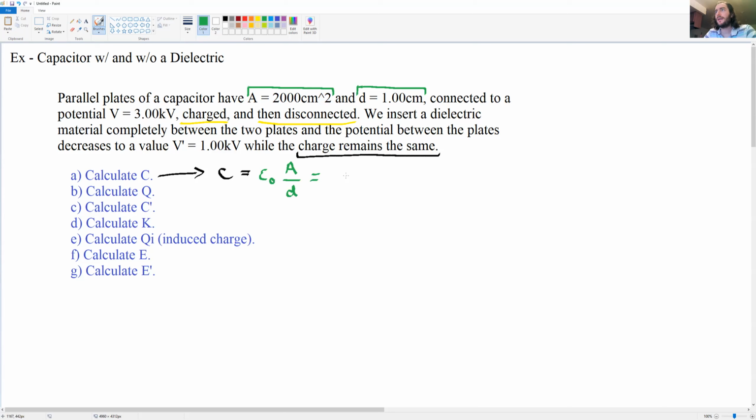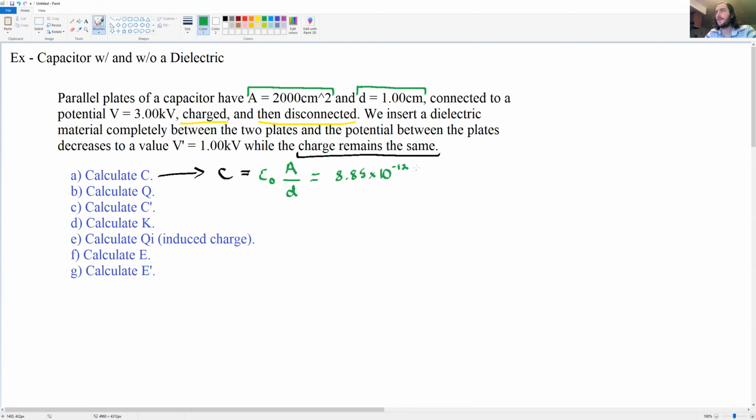So if we were to calculate the capacitance here, we have the area in units of centimeters squared, and the separation distance in units of centimeters. We can leave everything in units of centimeters initially, and we can write 8.85 times 10 to the minus 12 farads per meter. You guys go ahead and calculate along with me here.